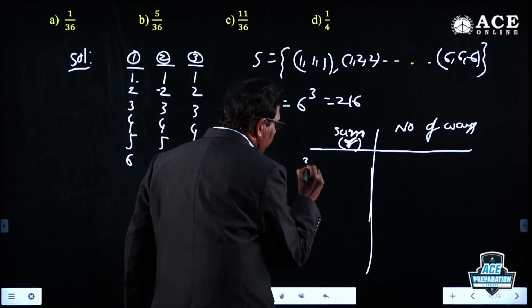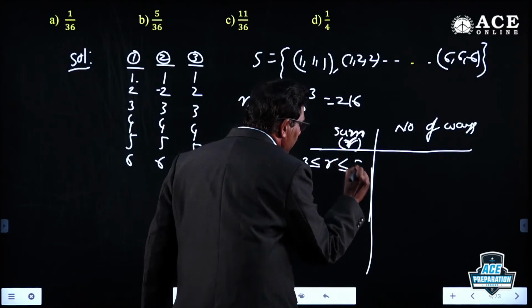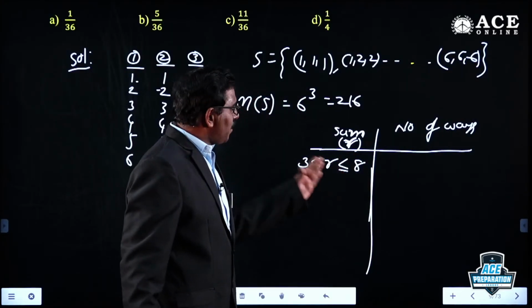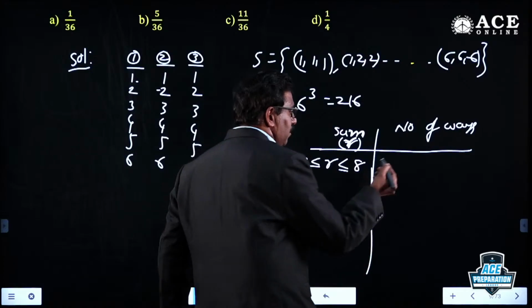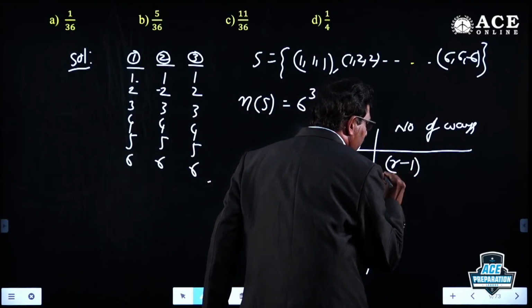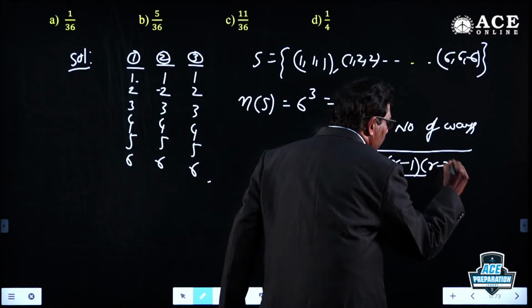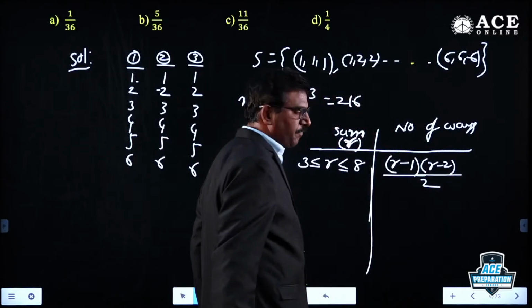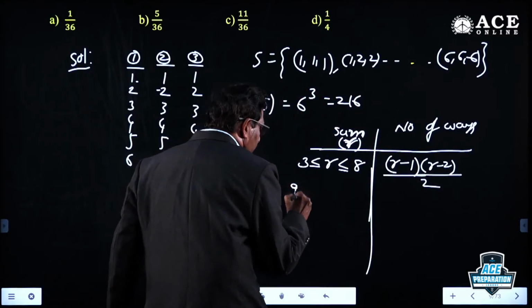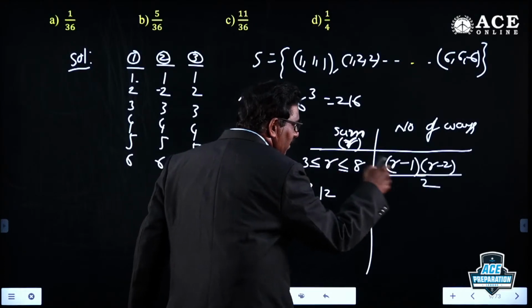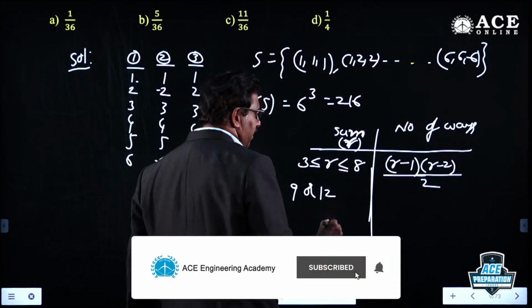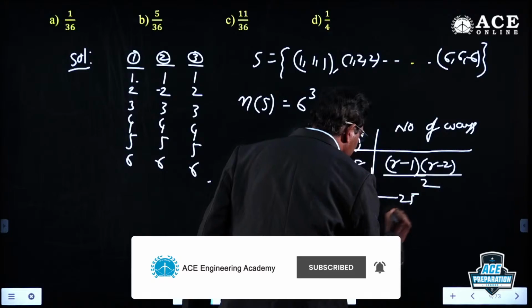For 3 less than or equal to r less than or equal to 8, if the sum is between 3 and 8, we can write the formula directly: (r minus 1) into (r minus 2) by 2. If the sum is 9 or 12, the direct answer is 25 ways.